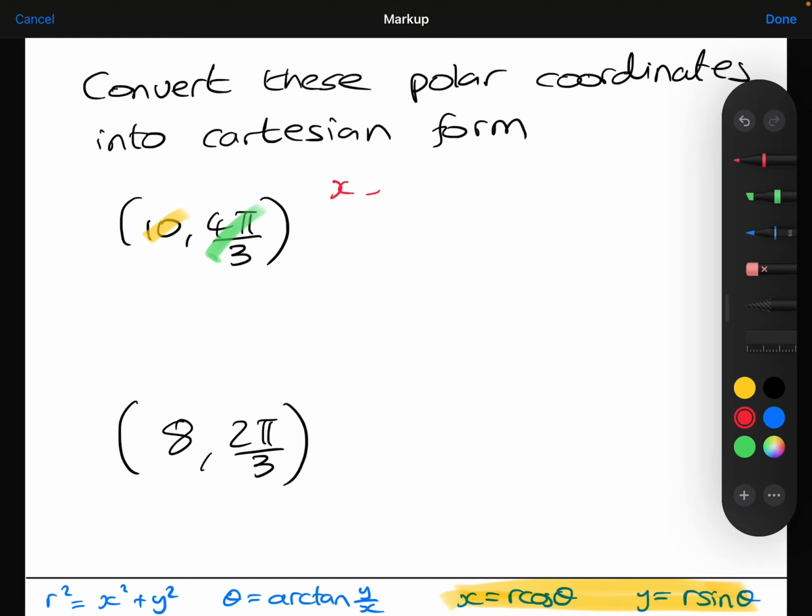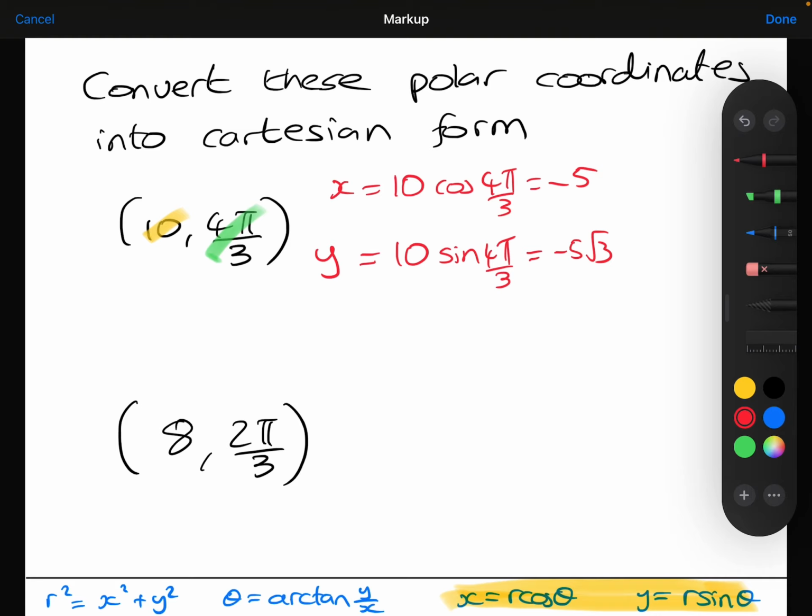So the x coordinate I know is r times cos theta, which if I type that into my calculator, I get minus 5. And the y coordinate is going to be r times sine theta, which gives minus 5 root 3.